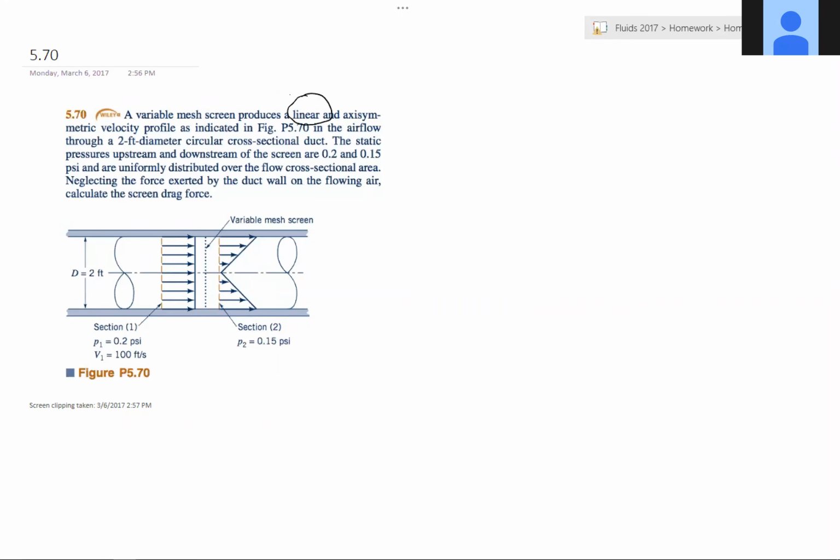So which would be a drag force. So basically, let's take a look at our screen. What's a variable? Let's see what it is. Okay.